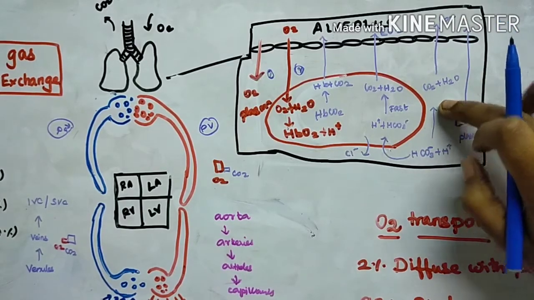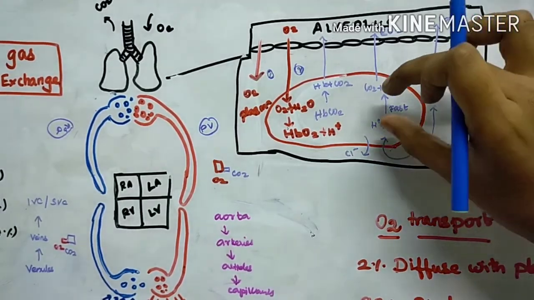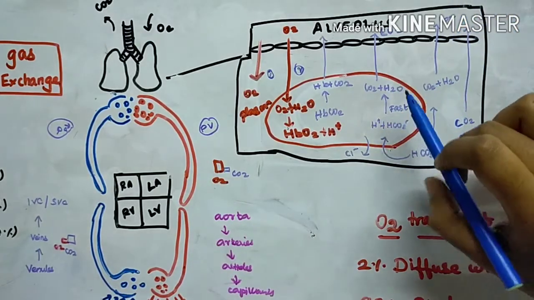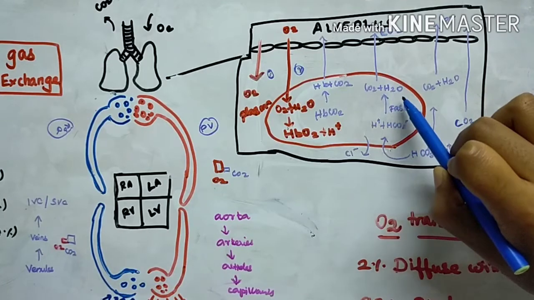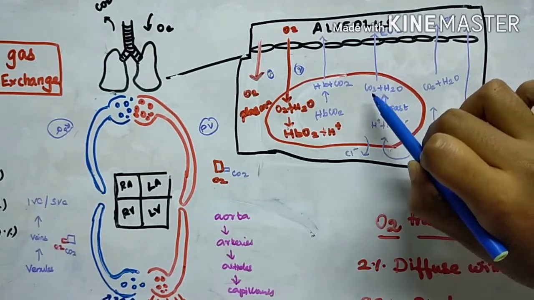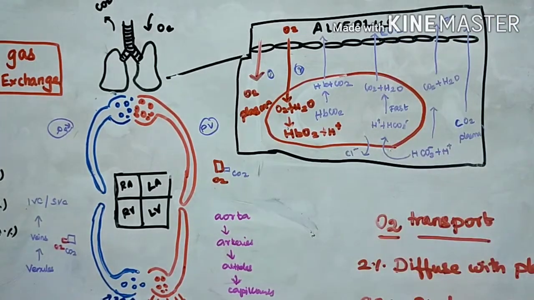This is a slow process. The same reaction occurs in red blood cells but it is fast. Here also bicarbonate splits into carbon dioxide and water, and this carbon dioxide goes out to the alveolus.